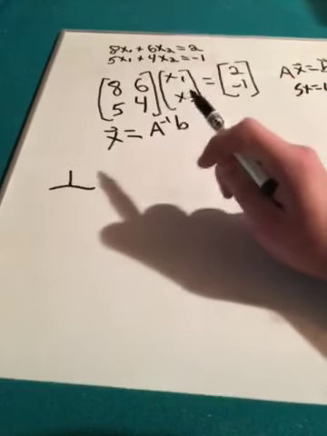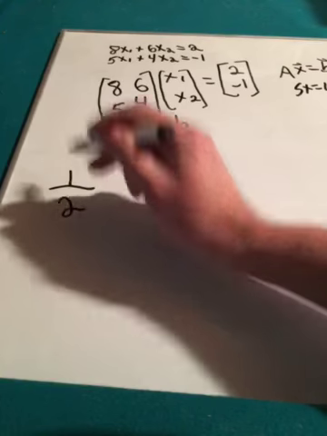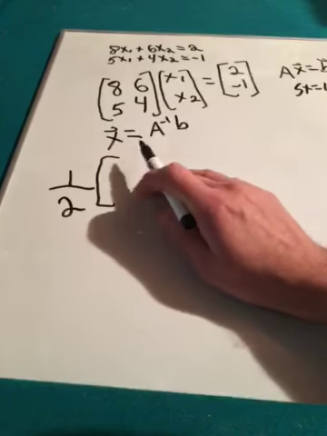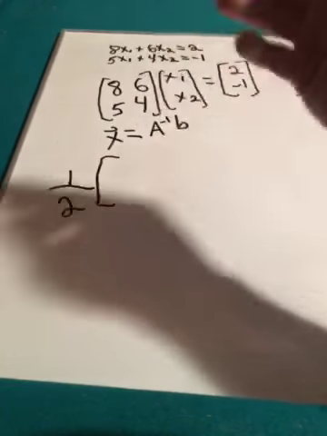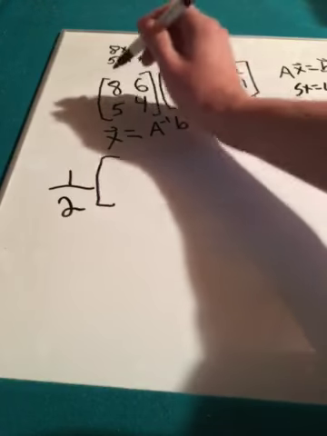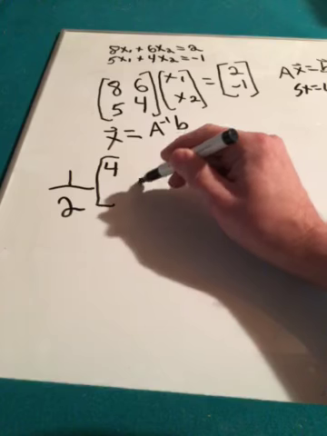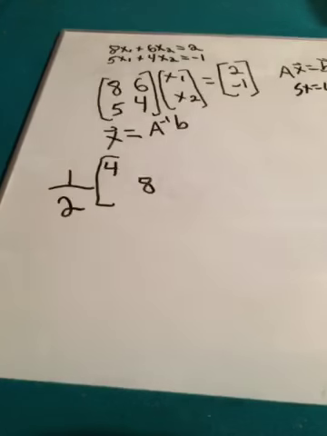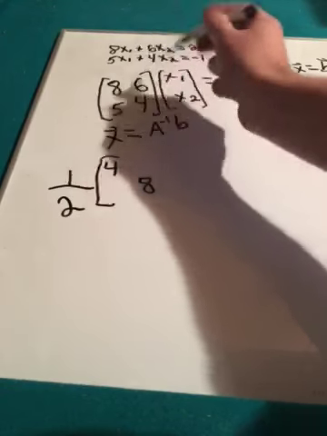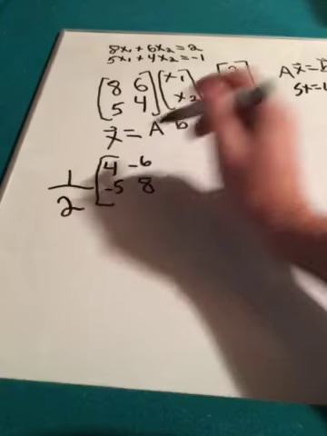So to find the inverse of the matrix, it's 1 over the determinant, so 1 over 2, but then multiplied by a matrix where you basically just swap these two entries. So the 8 and the 4 swap. So the 4 comes here, and the 8 goes down here. And then we just change the signs on the other two entries. So we have a 6 and a 5, so they become a minus 6 and a minus 5.